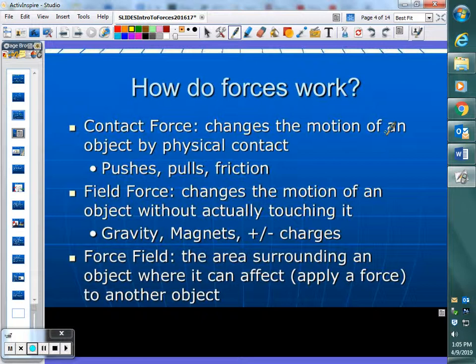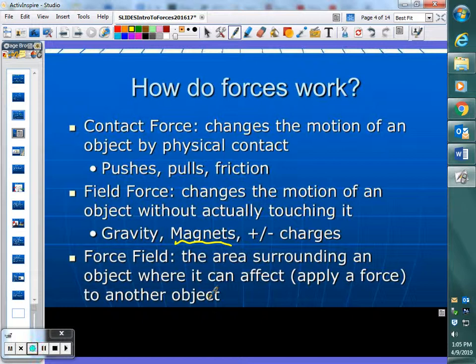Okay? So, magnets have a magnetic field, right? The Earth has a gravitational field, but the Earth also has a magnetic field. That's how compasses work. Magnetic objects in the magnetic field of another object are affected, right? That's how a compass always points towards the north, because the magnet in the compass is affected by the Earth's magnetic field.